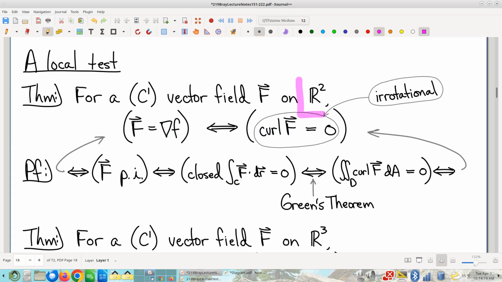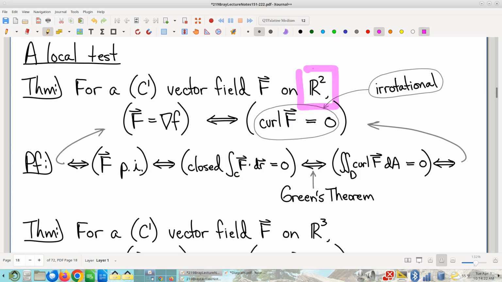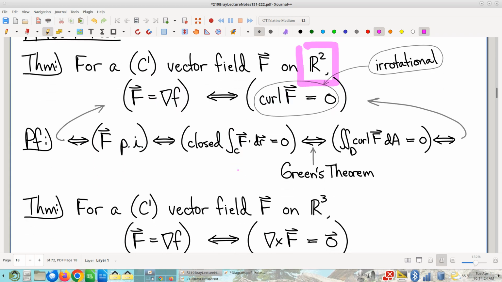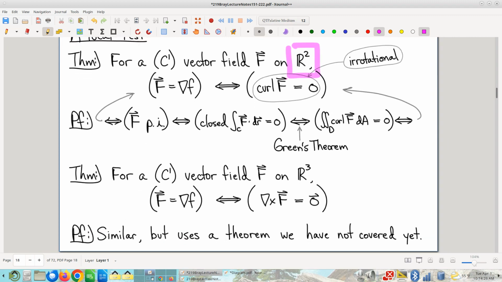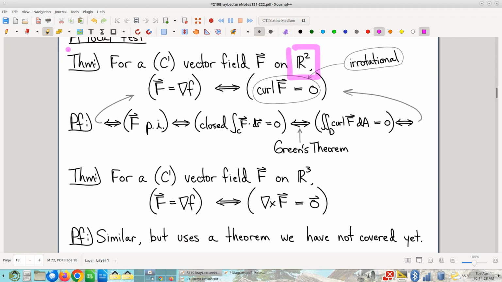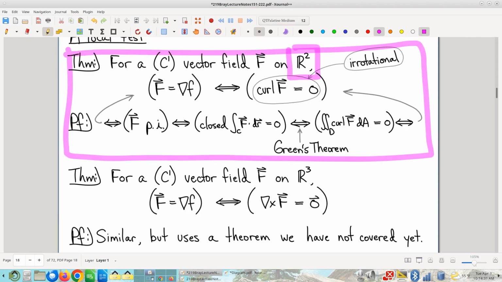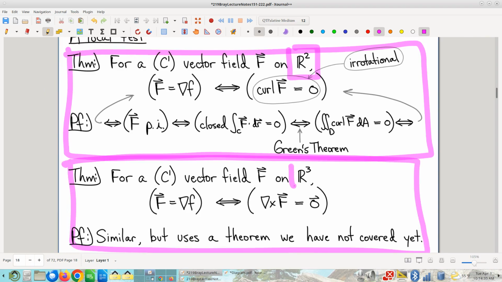Side note, this is in 2 dimensions. There is an analogous test in 3 dimensions. And the test, again, for whether you have a gradient, for whether it's path independent, for whether the circulations are all definitely 0, is 3-dimensional curl.